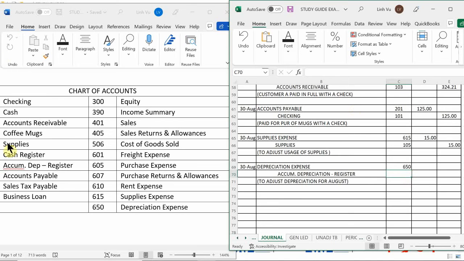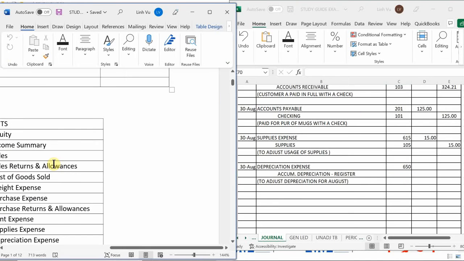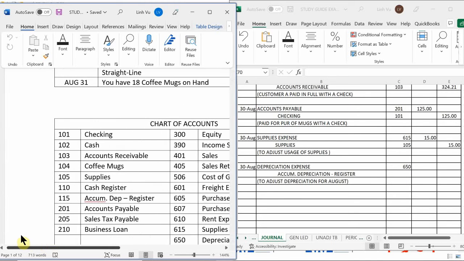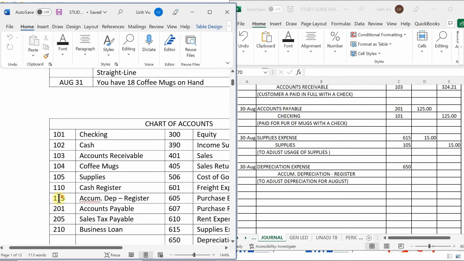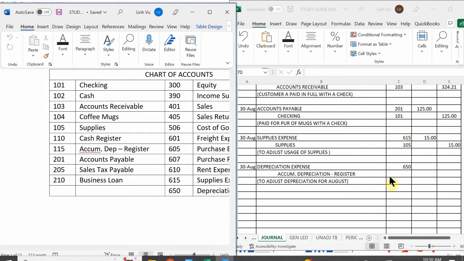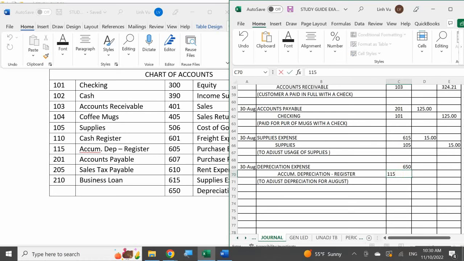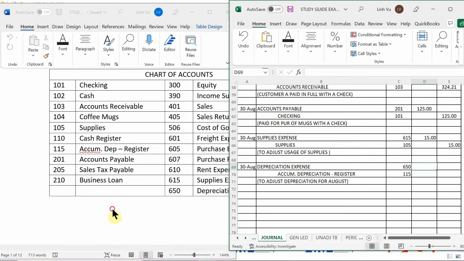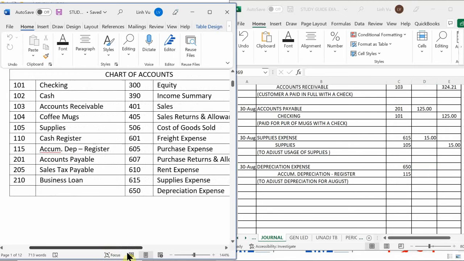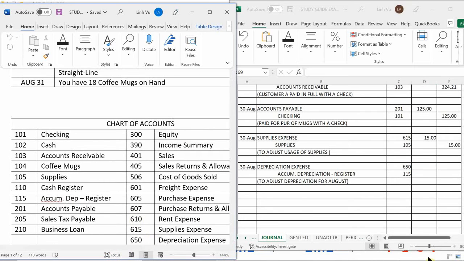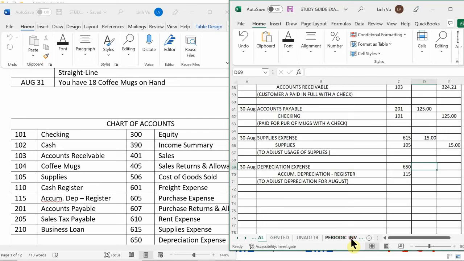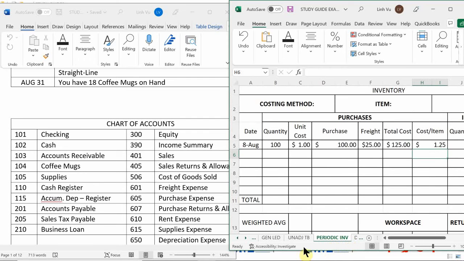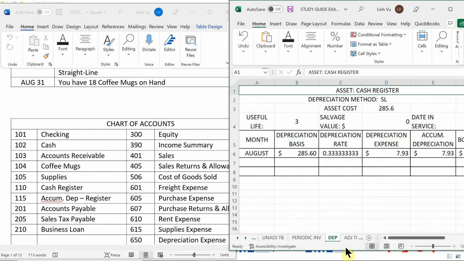My accumulated depreciation for the register is 115. So you're going to do it for how much? $7.93. Let's double confirm that. Depreciation table, $7.93.